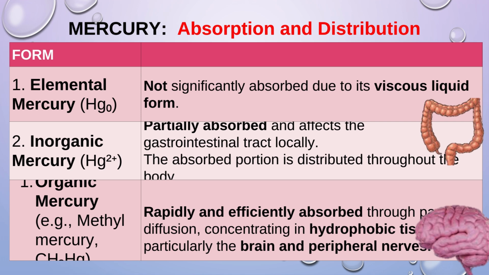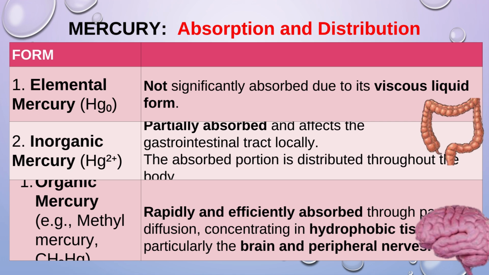As for absorption and distribution, you might wonder why elemental mercury is not readily absorbed: it has a low vapor pressure and exists as a viscous liquid, while inorganic mercury is partially absorbed, affecting the GIT.